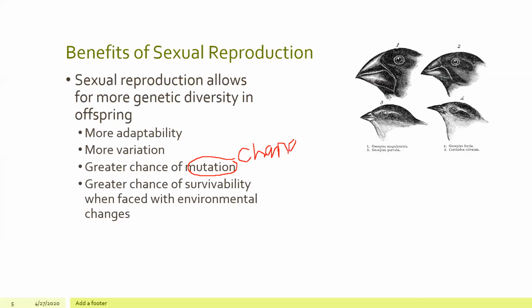Ooh, this is hard to do with a mouse. Change to the DNA. Okay. So a greater chance of survivability when faced with environmental changes, and that's because of how much more complex they are, honestly.